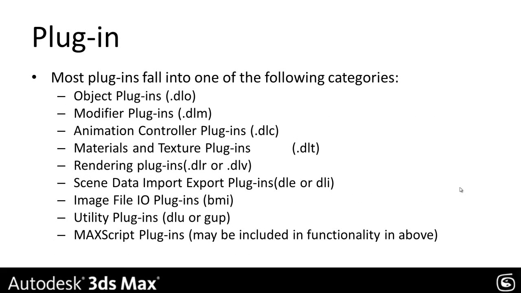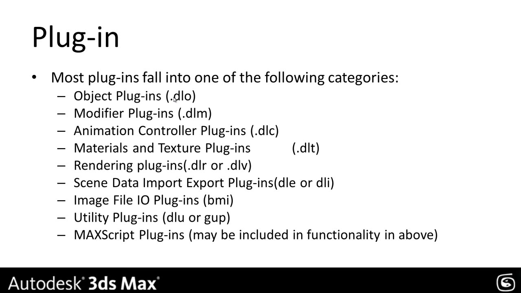So most plugins will fall into one of the following categories. There's a whole list of things here. The one thing that you should know is that the file extension determines the type of plugin in terms of its life on disk. It does not define the class itself.